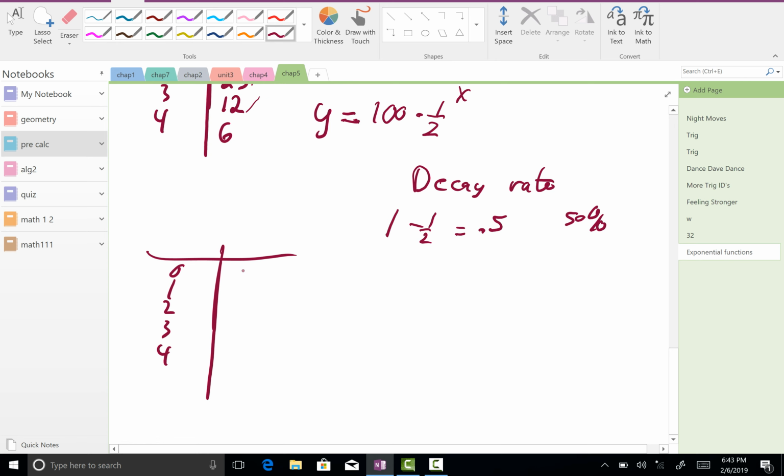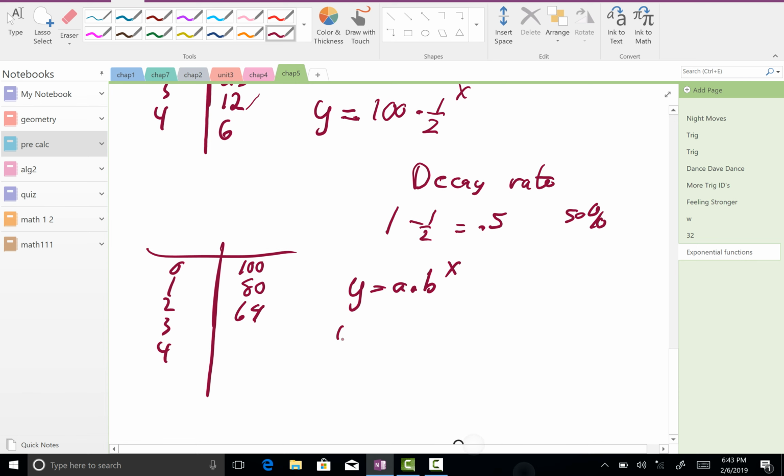So for example, here, if we have 100, okay, and then, let's see, 80 here, 64 there, and that's about the range of my, I don't know what 3 would be, but we'll come back and get it. Okay, y equals a times b to the x. All right, so a, again, is going to be 100.